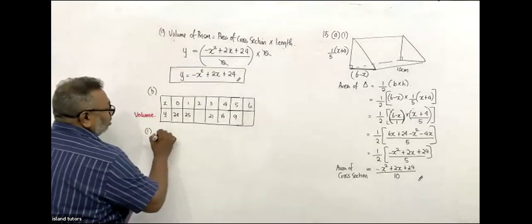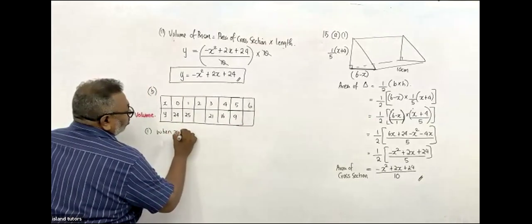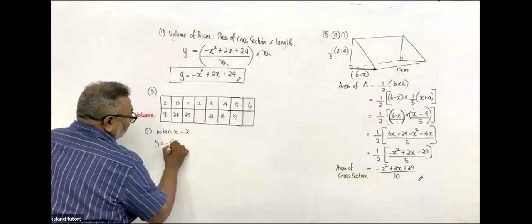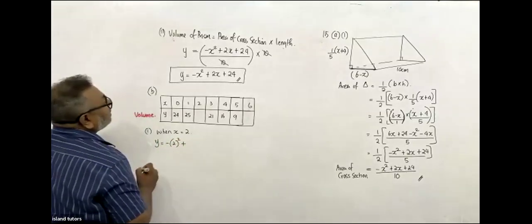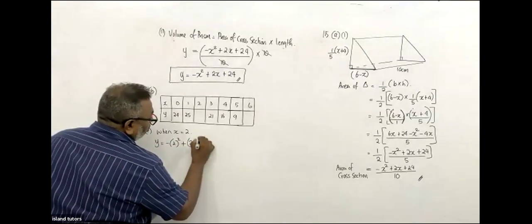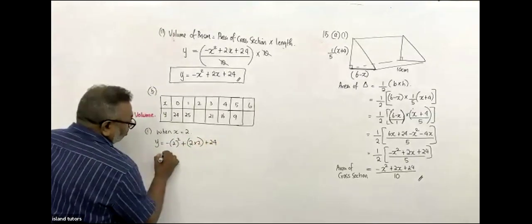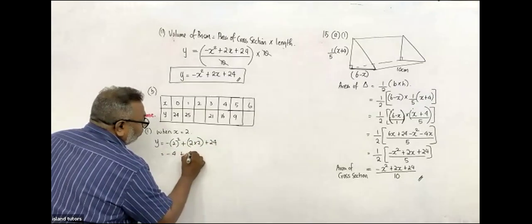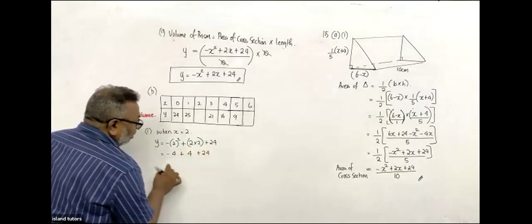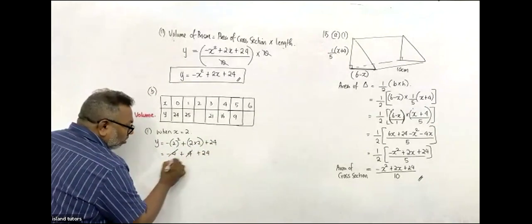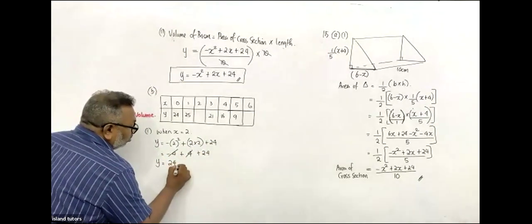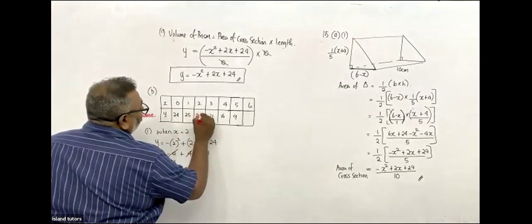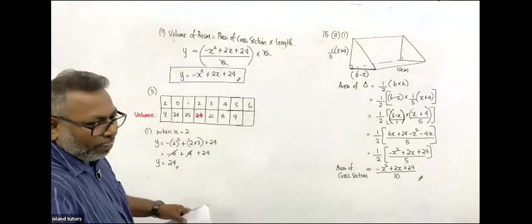Part 1, when x is equal to 2, your equation is y equals minus x squared plus 2x plus 24. So minus 2 squared plus 2 into 2 plus 24. 2 squared is 4, so minus 4 plus 4 plus 24. Minus 4 plus 4 will cancel out. y is equal to 24 when x is equal to 2. You want to substitute 24 here. Okay.